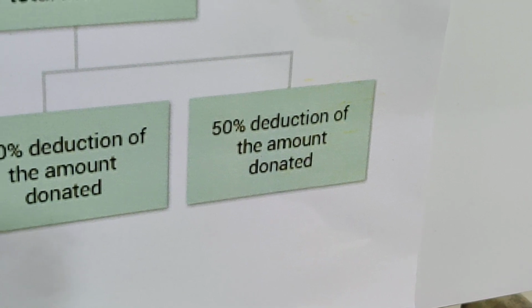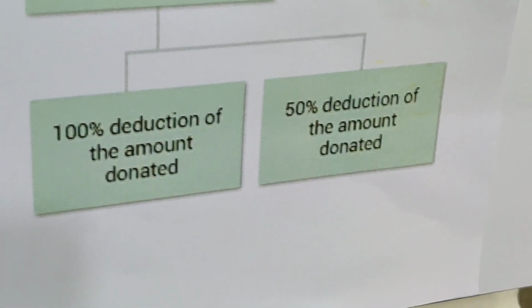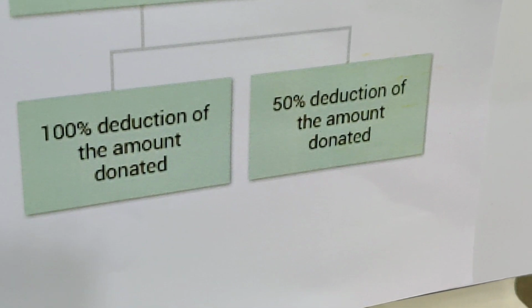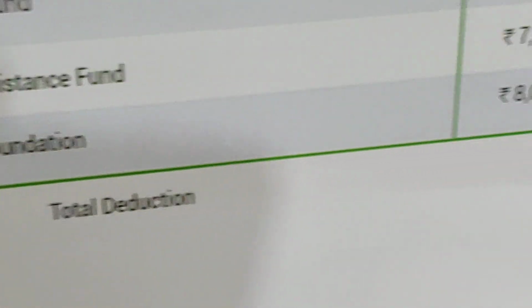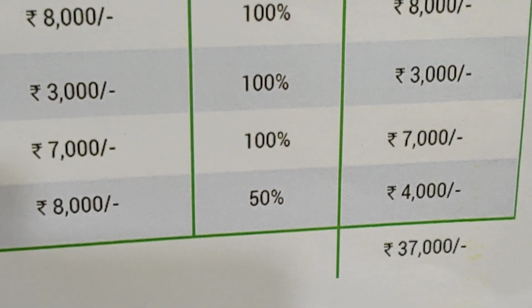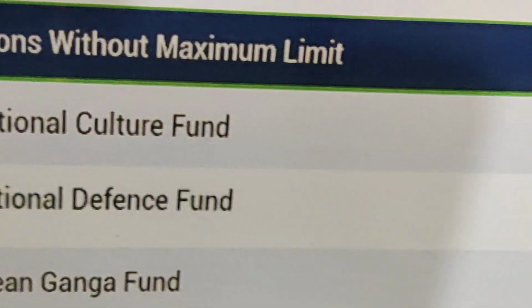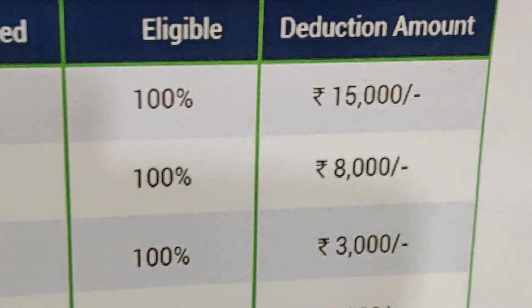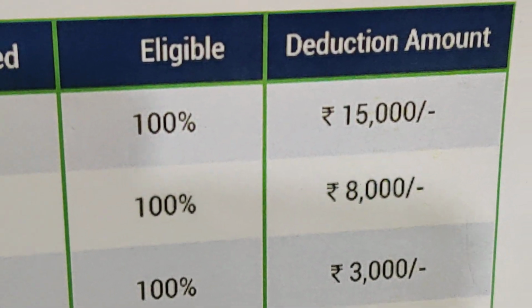Which one is 100% and which one is 50% depends upon the nature of the scheme. Just like here we have seen the Rajiv Gandhi Foundation, where 50% deduction is available, whereas for the National Defence Fund, the eligible deduction is 100%.